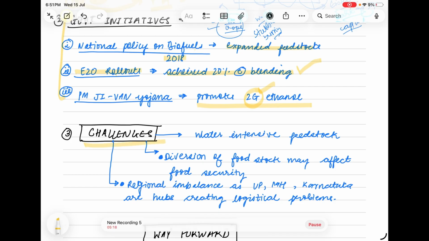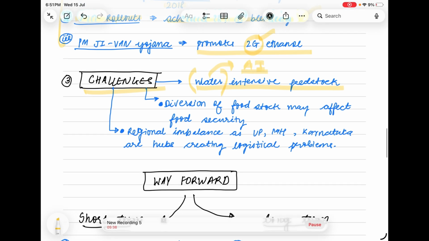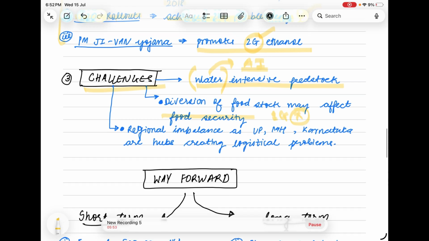Number 2 is the E20 rollout. The reason we are so interested in this news is that E20 has now been rolled out, and we have already achieved the E20 blending targets. Now the PM JI-VAN Yojana promotes 2G ethanol. I have told you that 2G will be talked about the most.